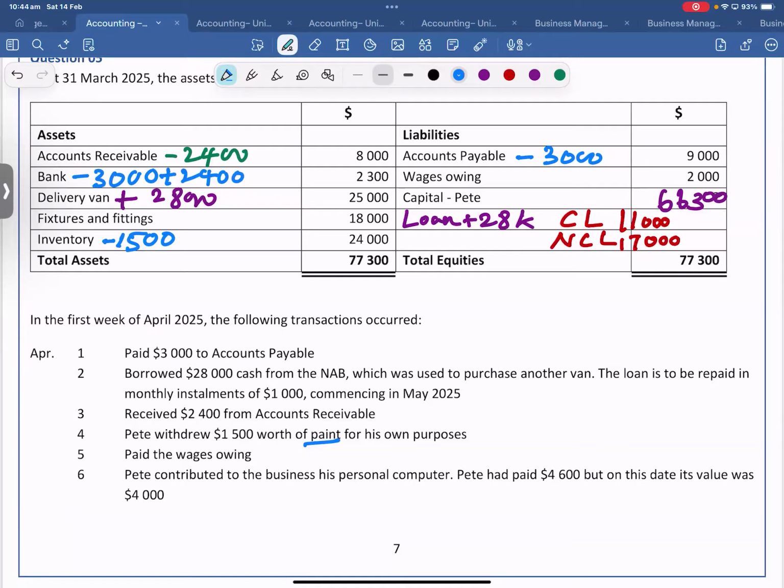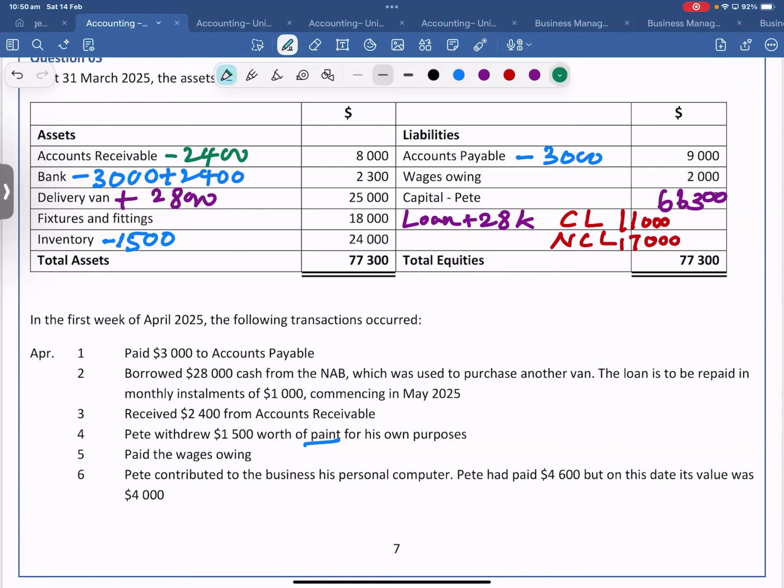So it would decrease. So whenever the owner withdraws business items, we call it a special term.